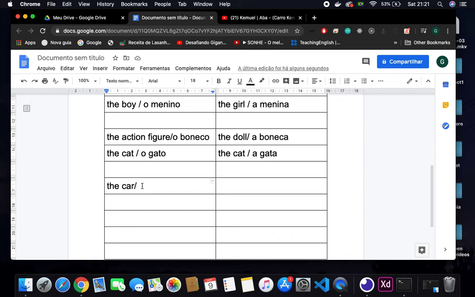Well, car is male in Portuguese, okay? So how are you gonna be able to tell? Practicing, okay? So for this, you're gonna have to read and get used to the gender when you don't have how to differentiate if the word ends with O or A, okay? So the car, o carro, okay?